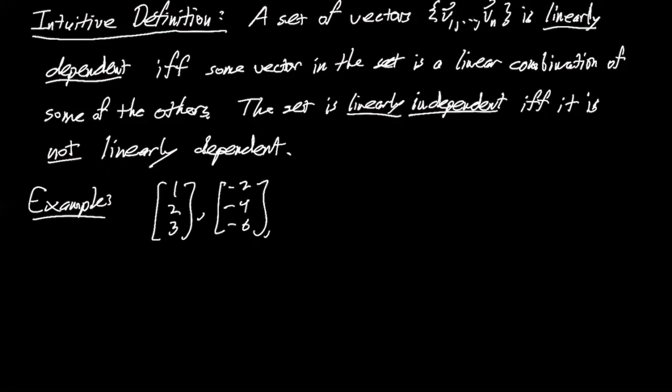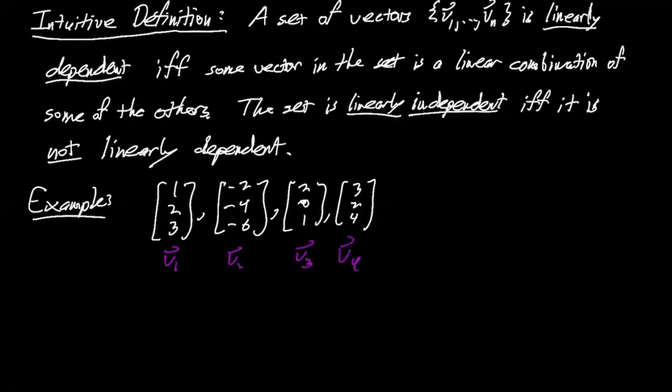So this is the vector (1, 2, 3), (-2, -4, -6), (2, 0, 1), and (3, 2, 4). And I'll even give those different names. Let's call them v1, v2, v3, and v4.